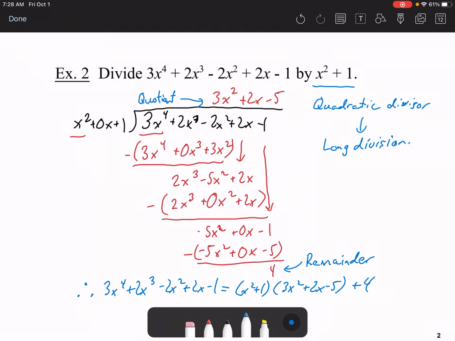So this is how you go about long division and writing a division statement. So let's review synthetic division, and while we're doing that, we'll also review factor theorem and remainder theorem.